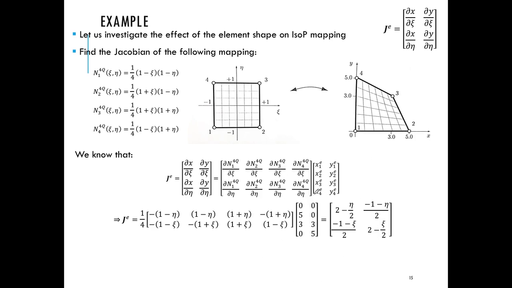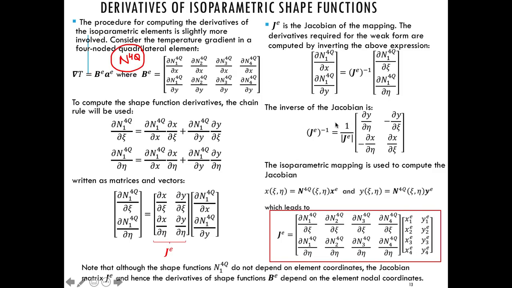Now, why was I doing this entire exercise? If you recall from our last slide, when we were finding our B matrix, and when we needed our derivatives with respect to the physical coordinates, that involved finding the inverse of the Jacobian.